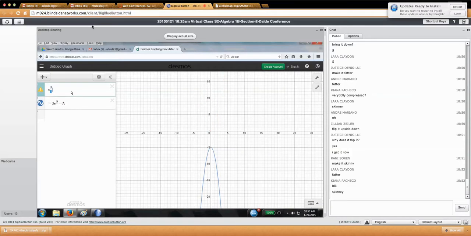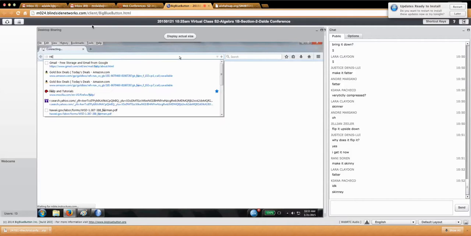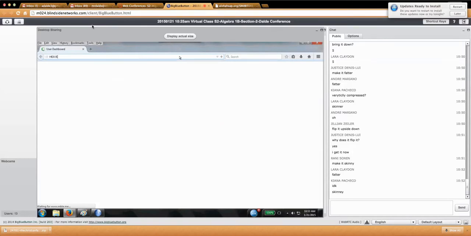Let's see. Wait, is num lock on? Oh, my computer. What is going on?